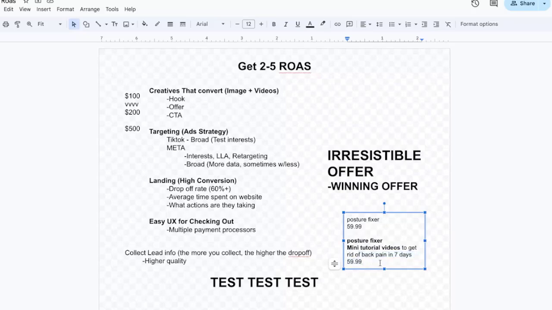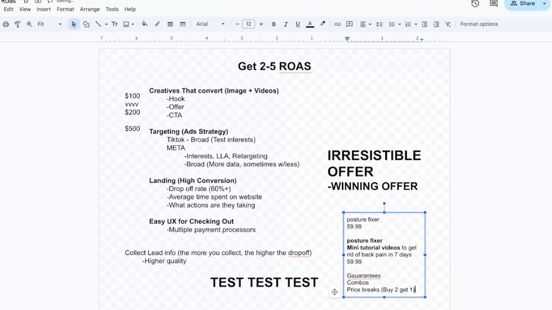With that as well, you can have things like guarantees. There are different things that help you to sell an offer. Some of it might be guarantees, some things might be combos, and some might be price breaks, like buy two get one.